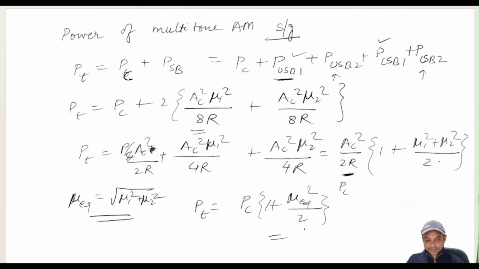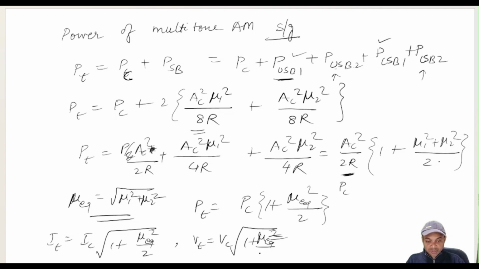Similarly for modulation, IT is equal to IC into 1 plus mu equivalent square divided by 2, and VT is VC into 1 plus mu equivalent square divided by 2. For modulation efficiency, eta is equal to mu equivalent square divided by 2 plus mu equivalent square.